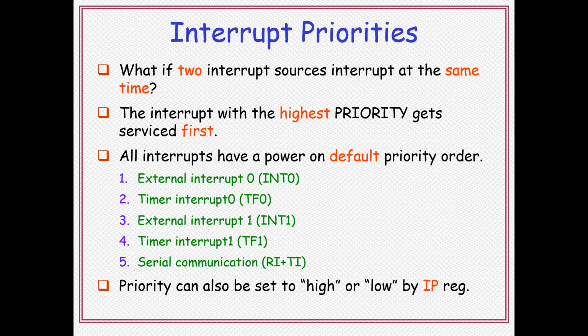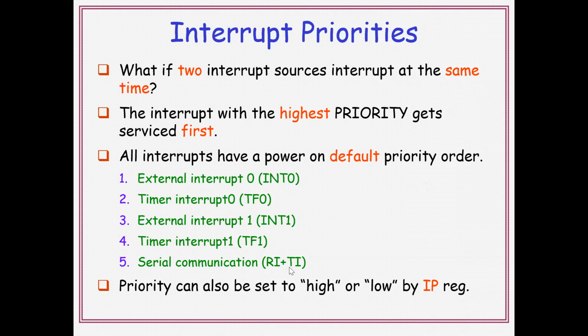The interrupt with the highest priority gets serviced first. All these interrupts have a power-on default priority order. First priority is external interrupt 0, second is timer interrupt 0, third is external interrupt 1, fourth is timer interrupt 1, and fifth is the serial communication interrupt, like RI and TI.